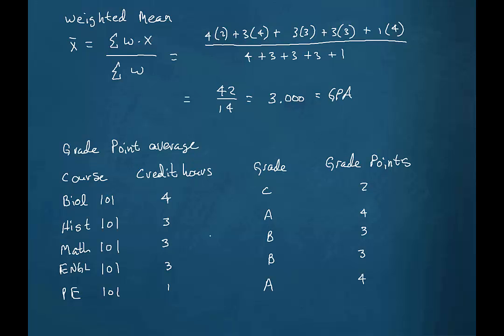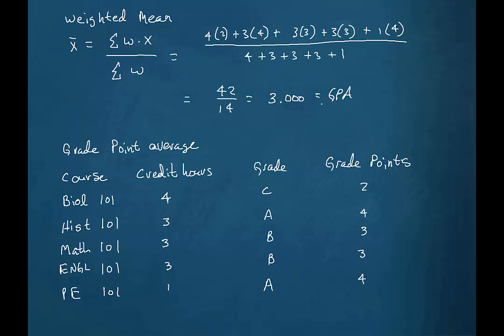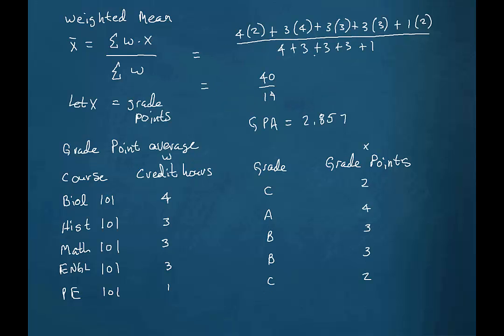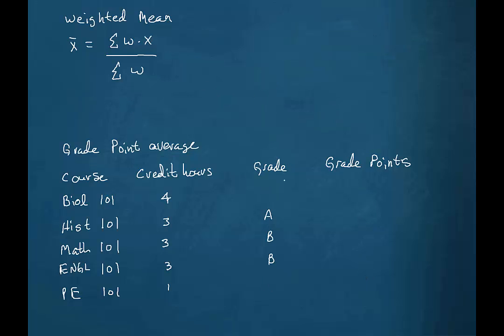So getting a better grade in the PE class helped us a little bit. We went from a GPA of 2.857 to a GPA of 3.000. So that is an increase of 0.143.